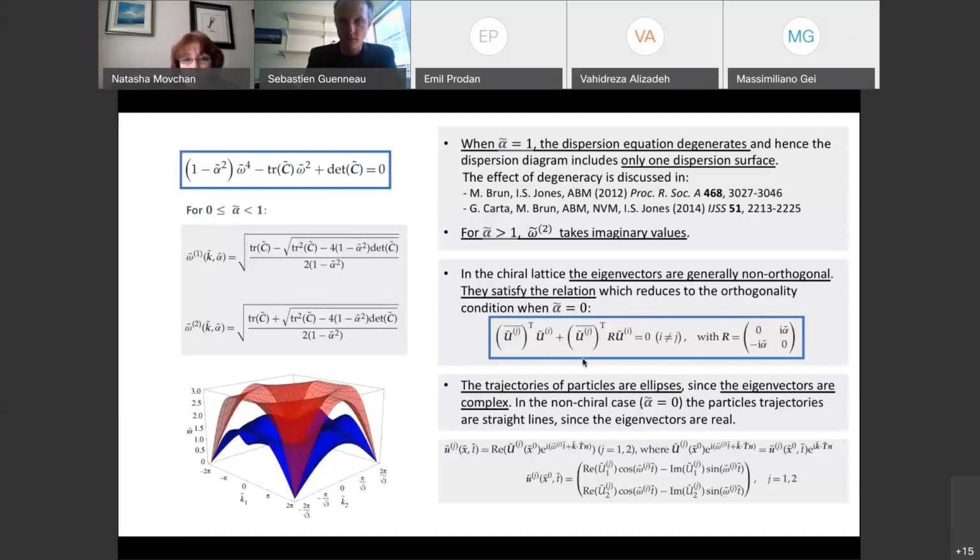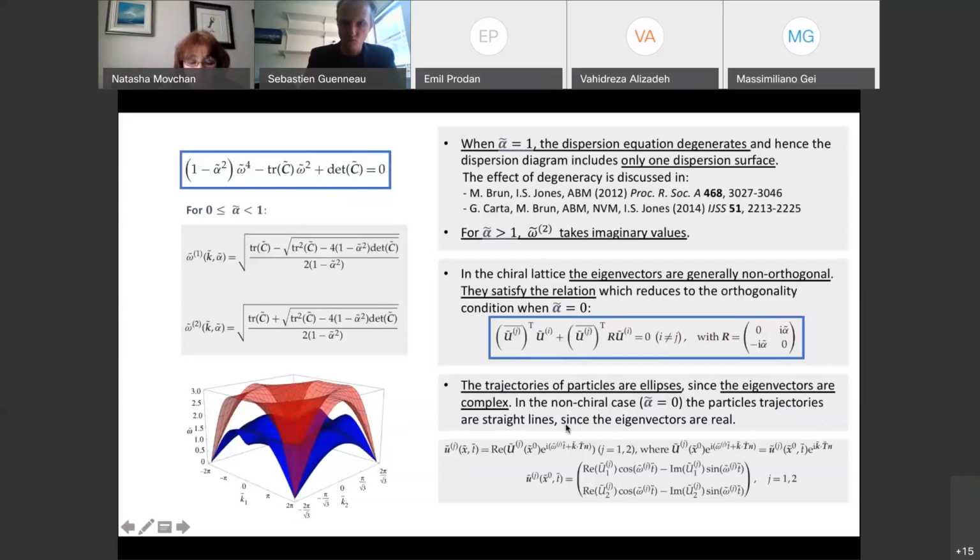But in the chiral case, this term is present, and that means that our eigenvectors are non-orthogonal. One can say, well, okay, fine, they are non-orthogonal. Well, what's more, they are actually complex. And what does it mean in terms of the trajectories? Trajectories of the particles are ellipses, in fact, because the eigenvectors are complex.